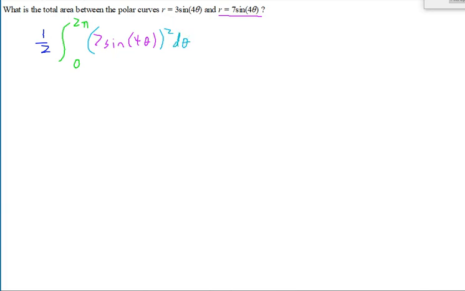That's our R1, our outer radius. And then R2, the inner radius, is this one, so it'd be minus 3 sine of 4 theta squared, and then the whole thing times d theta.